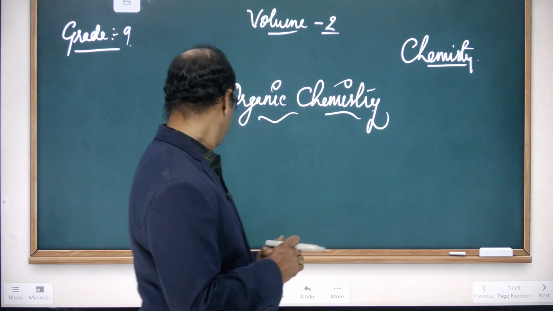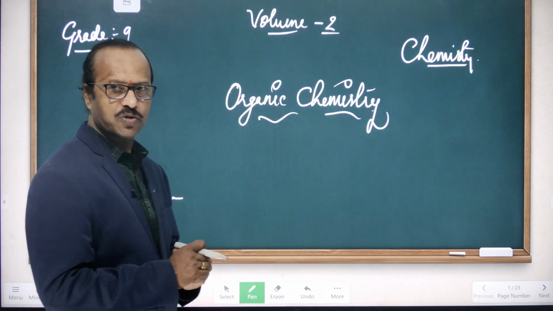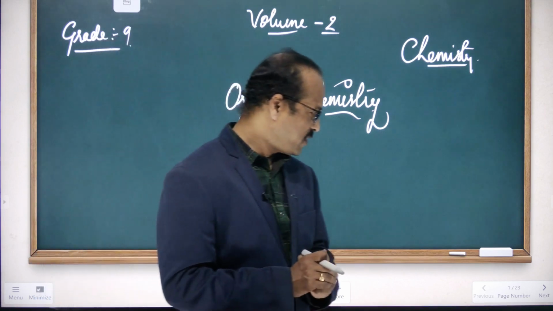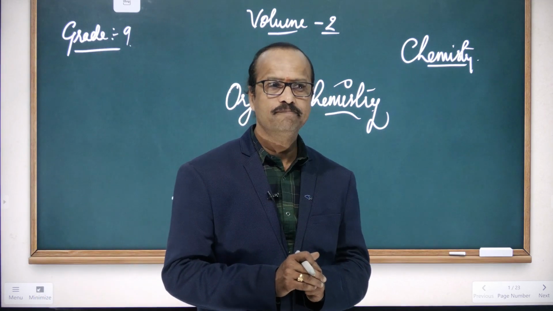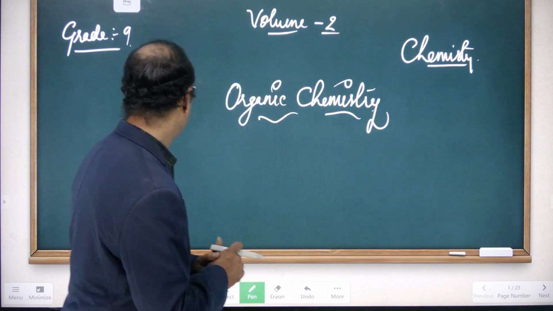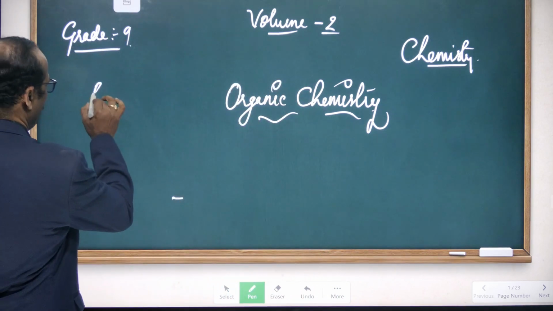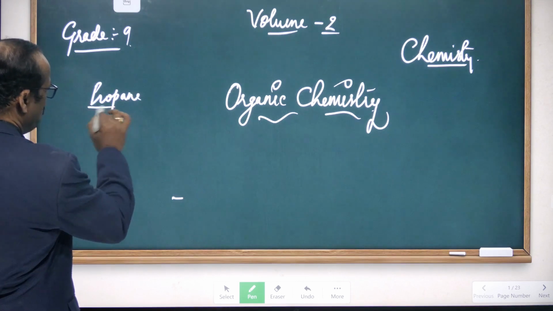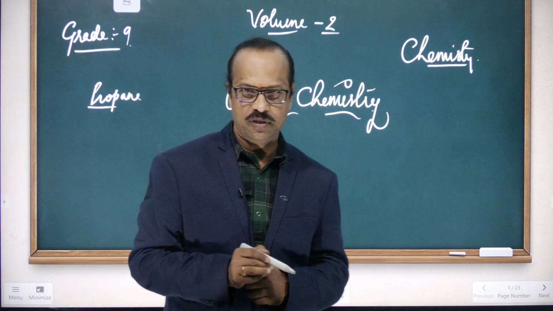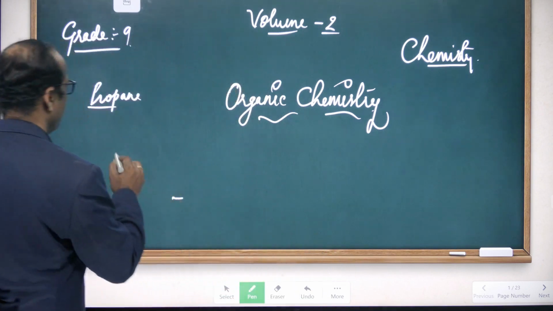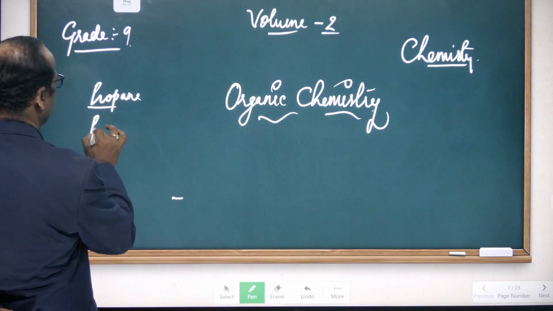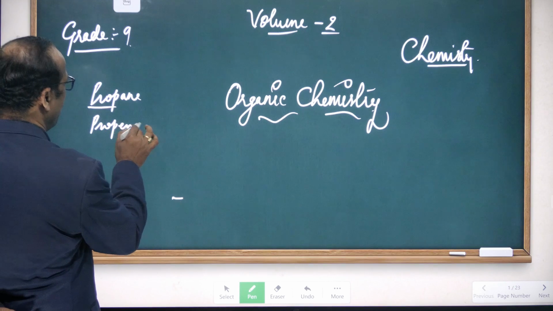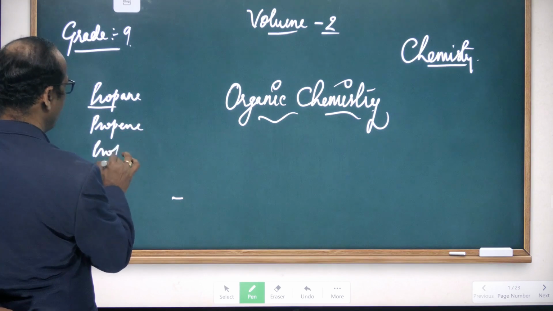So see students, why is it difficult? Why do the students feel it is difficult? For example, let us take propane. One compound called propane. Based on propane, you will get so many compounds in organic chemistry. There is another compound called propene. Another compound is called propyne.